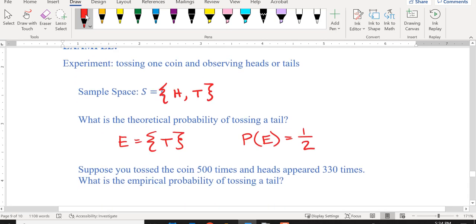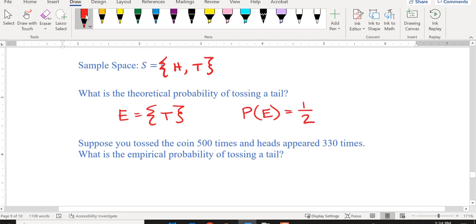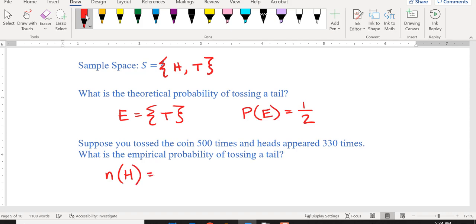Suppose that you tossed a coin 500 times and heads appeared 330 times. So the number of heads is 330. You tossed it 500 times, so that means the number of tails was 500 minus 330, which is 170.